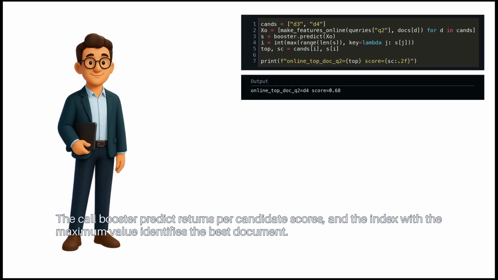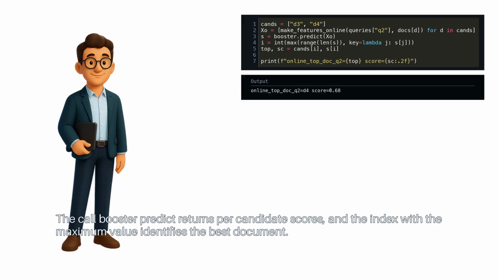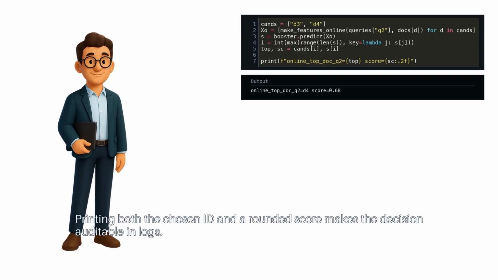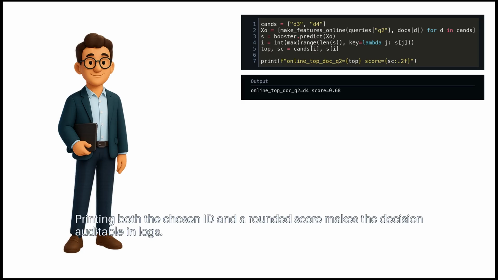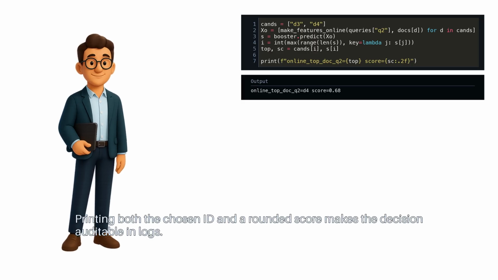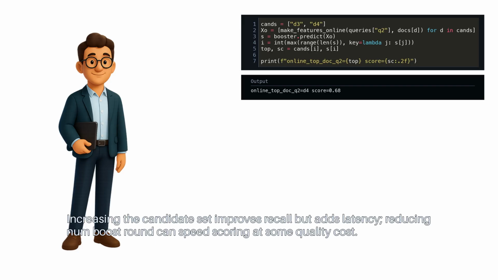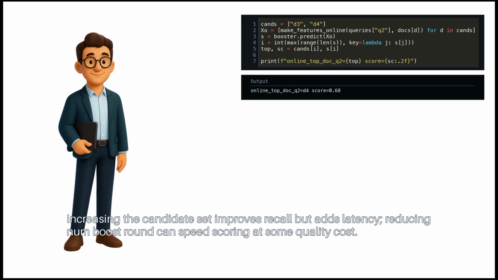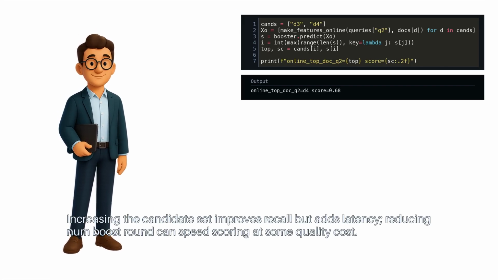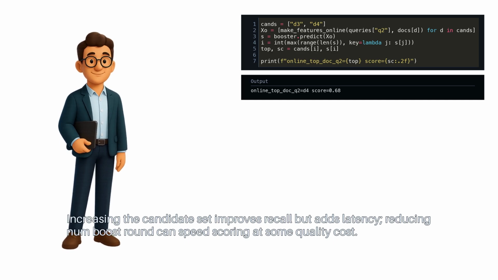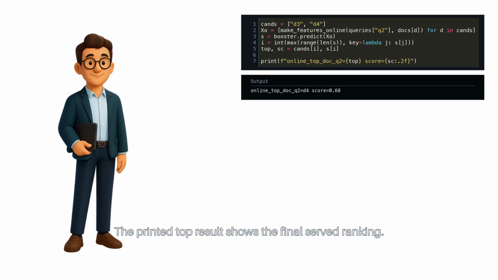The call booster predict returns per candidate scores, and the index with the maximum value identifies the best document. Printing both the chosen ID and a rounded score makes the decision auditable in logs. Increasing the candidate set improves recall but adds latency. Reducing num boost round can speed scoring at some quality cost. The printed top result shows the final served ranking.